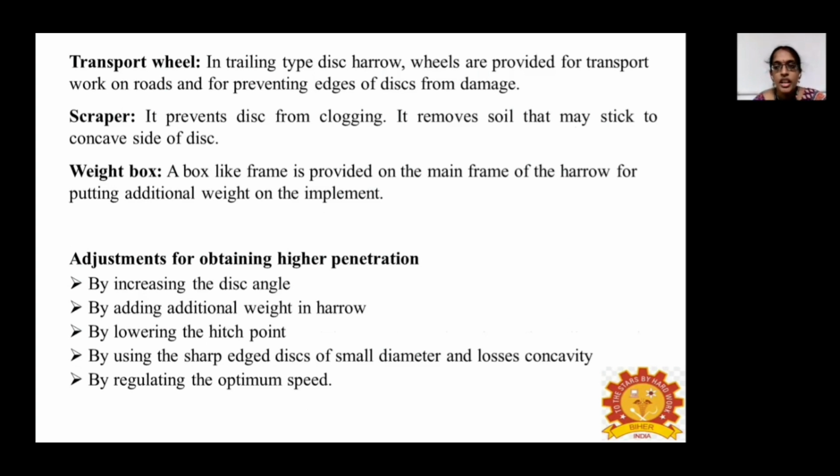So what are all the adjustments that we can make in order to obtain higher penetration?